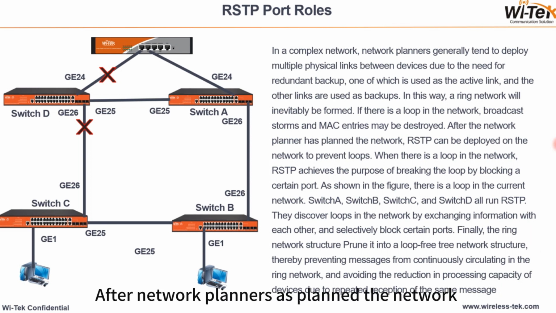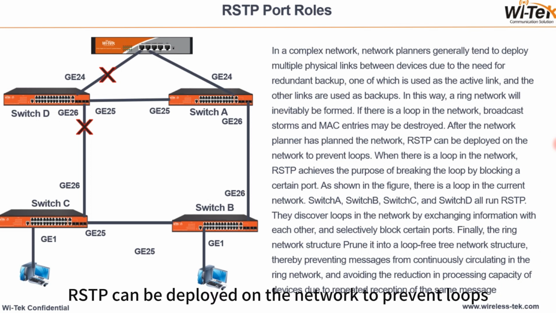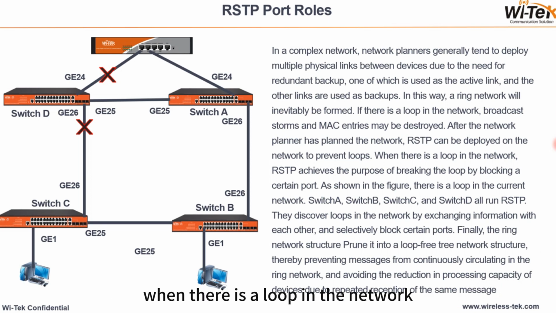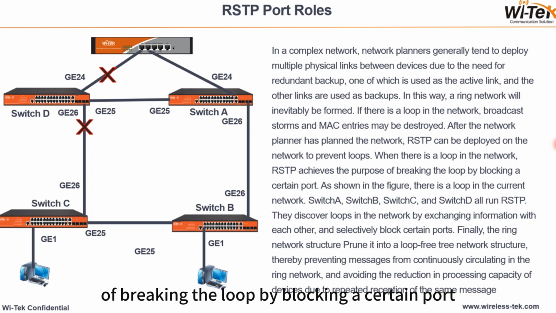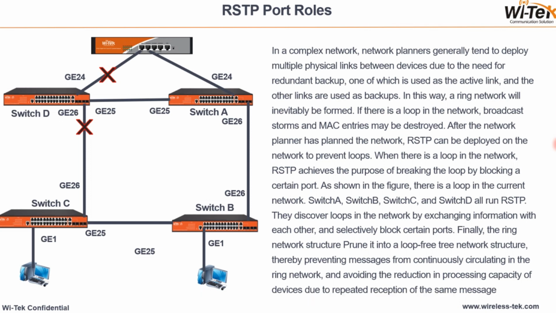After network planners have planned the network, RSTP can be deployed on the network to prevent loops. When there is a loop in the network, RSTP achieves the purpose of breaking the loop by blocking a certain port. As shown in the figure, there is a loop in the current network. Switch A, B, C, and D all run RSTP. They discover loops in the network by exchanging information with each other and selectively block certain ports.